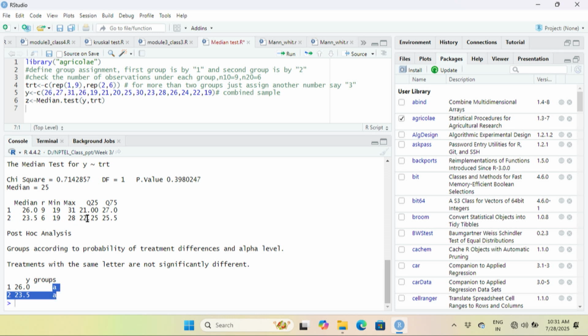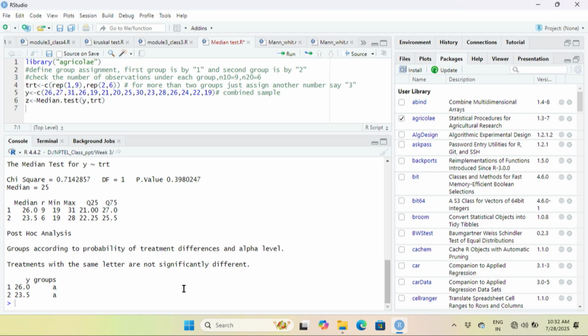AA means there is no difference between the 2 populations in terms of median. If it is AB, then the 2 population medians are different. It's very interesting. I am giving you one query: take a 3-group sample and make a median test to check whether the medians of all 3 populations from which these samples have come are the same or not.